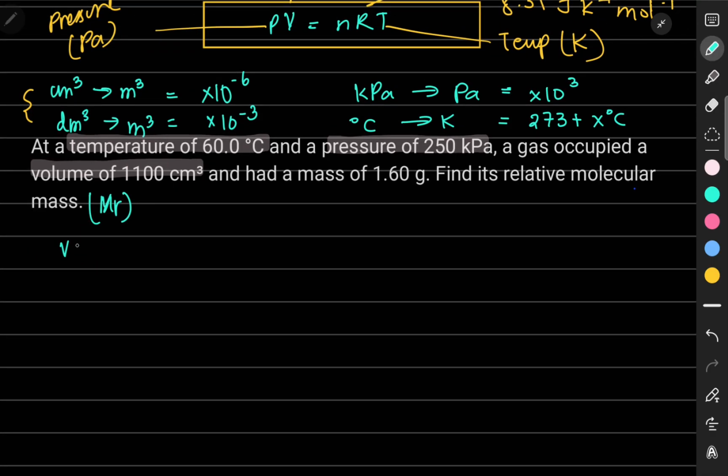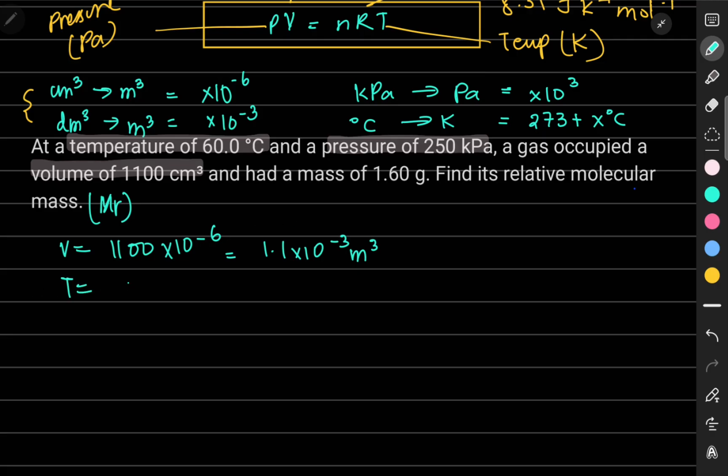For the volume, this is 1100 centimeter cube, so I'm just going to multiply it with 10 raised to power negative 6. And that should give me my volume in meter cube, and that gives me 1.1 times 10 to the power minus 3 meter cubes.